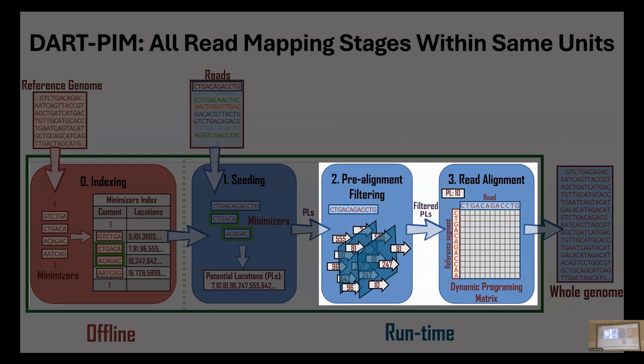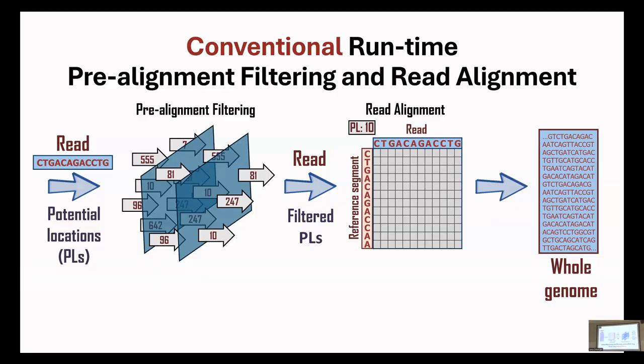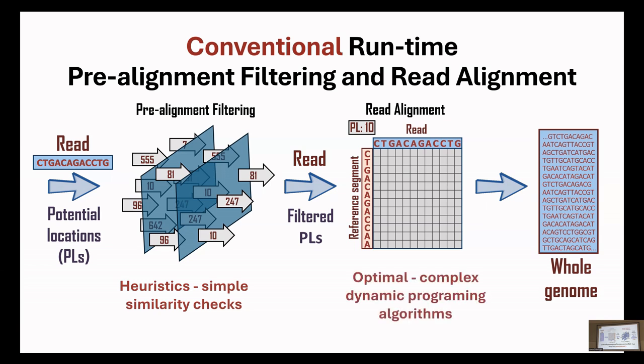Next, I'll talk about both of the steps, and then I'll separate them. So conventional read filtering and read alignment. The filtering is done by heuristics, which is just simple similarity checks. They check the read and the reference segment and just check if they are similar. And then they perform optimal complex dynamic programming algorithms.